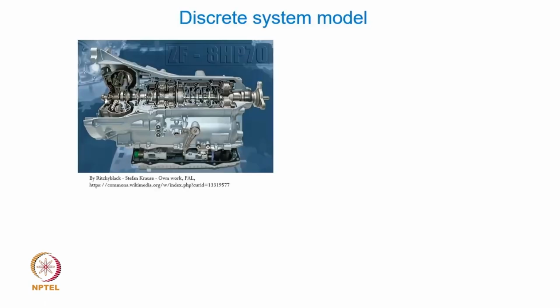So, one of the examples that we discussed in our introductory video was this gearbox, which has several distributed gears and gear stages all along the shaft, as you can see. So, you will definitely wonder how many degrees of freedom should I consider in such cases.